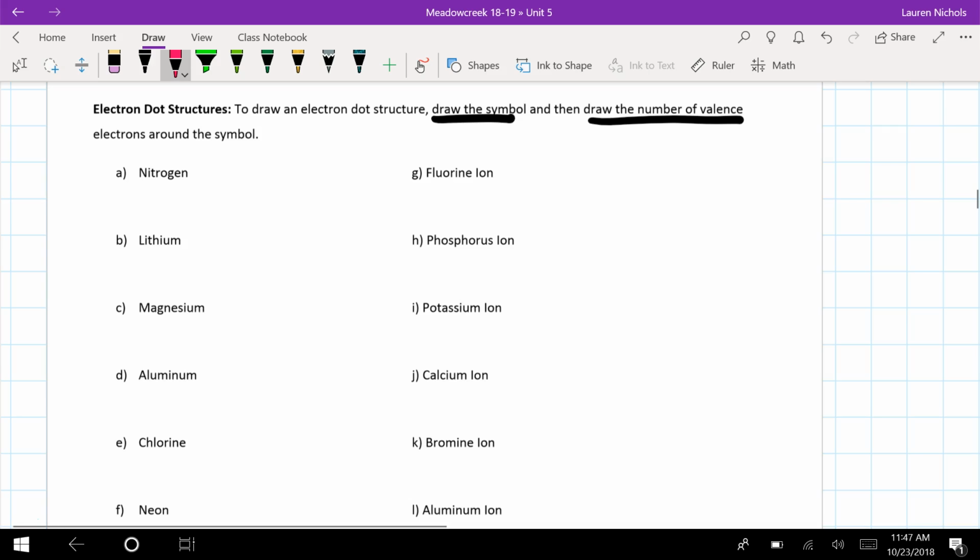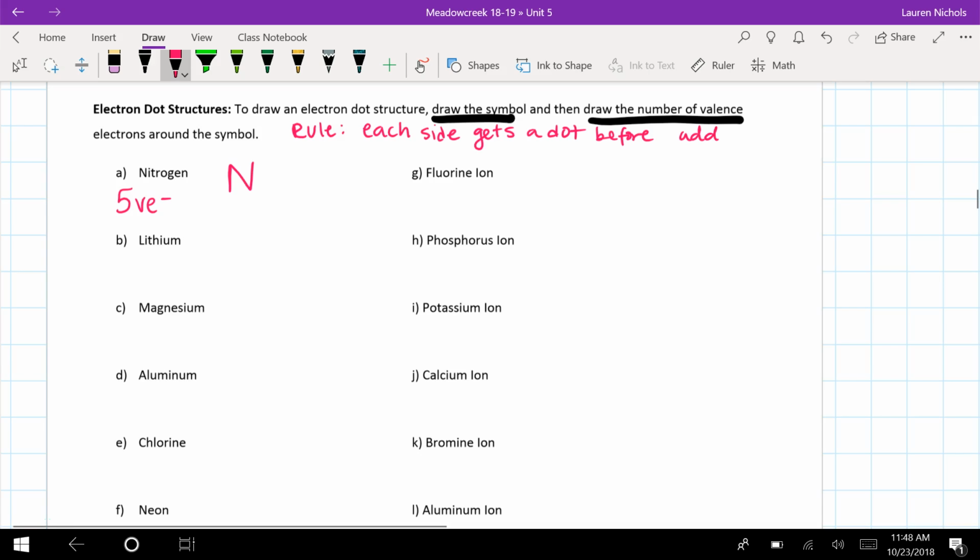So if we look at nitrogen, the symbol for nitrogen is a capital letter N. Nitrogen is in group 15, or column, the vertical column 15, which means it'll have 5 valence electrons. And so that means we put 5 dots around it. Now, the one rule that you need to remember is that each side gets a dot before adding a second.